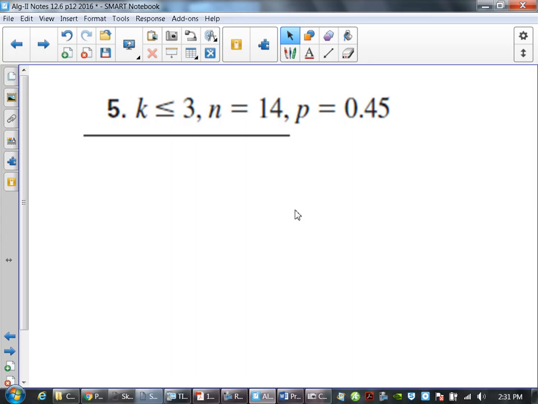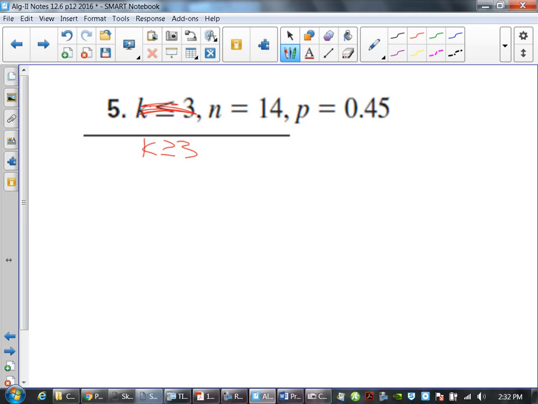That means it's going to be at most 3. I'm going to switch it. I'm going to say I want greater than or equal to 3, which means I want k to be at least 3. I want at least 3 successes out of the 14 with a p-value of 0.45. That's what that looks like.